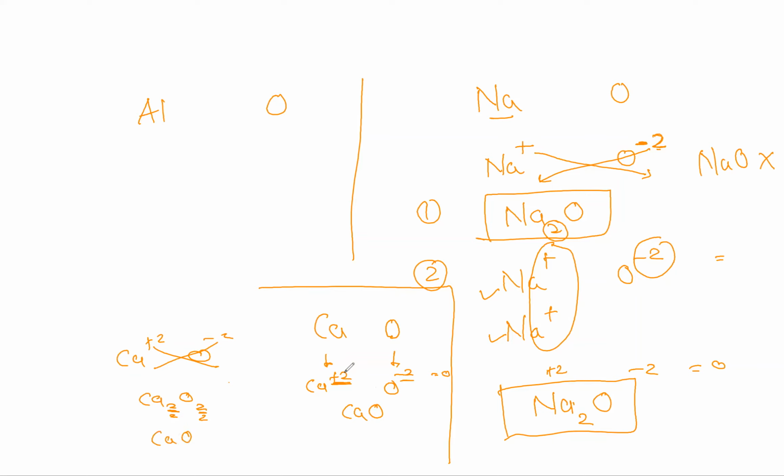Or you can just simply look at the charge. When the charge of cation and anion is exactly the same, just put them together. Do not think about this. NaF, right? Na is going to be +1 charge, F is going to be -1 charge. The total of this charge is 0, or we can say positive charge is +1, negative charge is -1, exactly the same. Simply put them together, right?